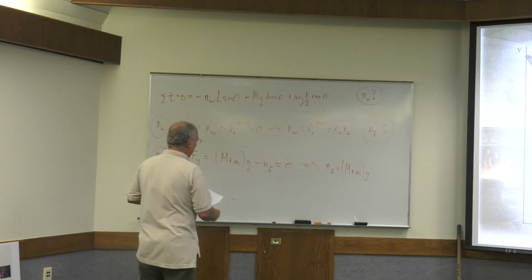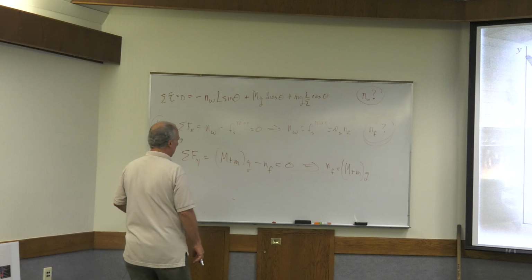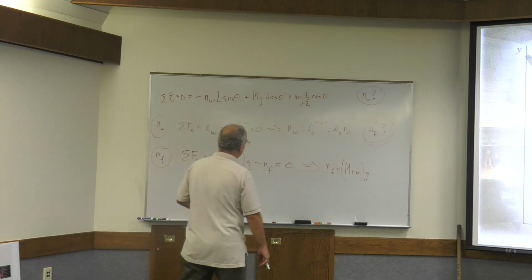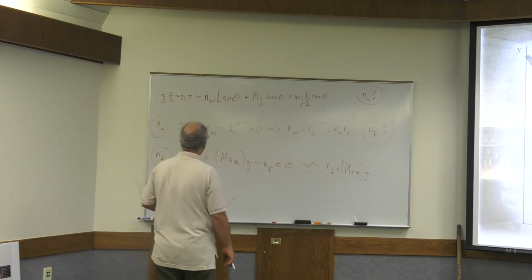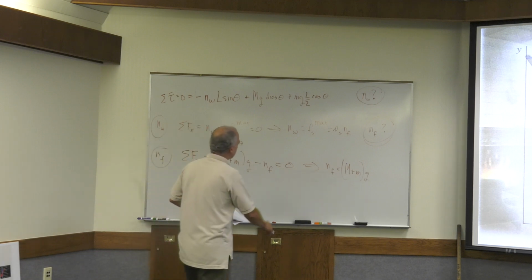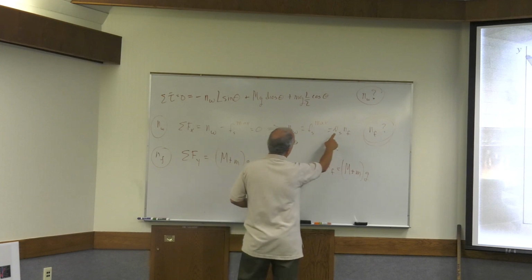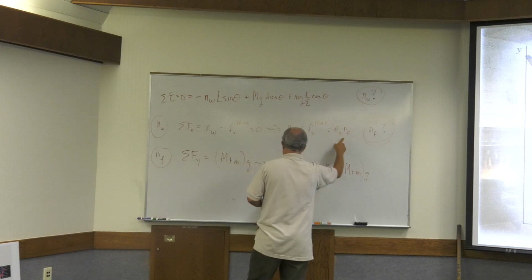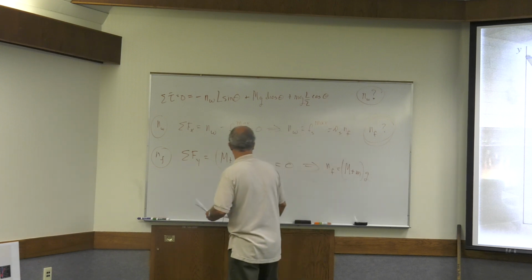All right, so I got it. Now I've got to fill in the blanks without a whole lot of room. N_W is mu_s N_floor, and that's that. So I've got to write that down.